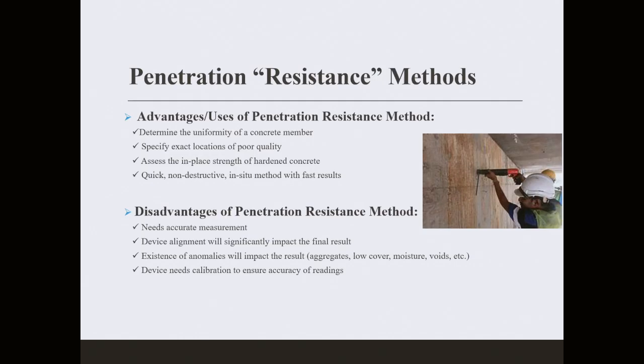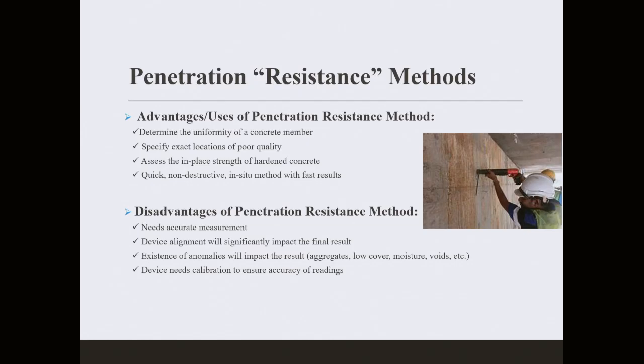As with anything, it has some disadvantages, whether talking about accurate measurement or very well-trained personnel, and basically you have to watch for anomalies. Whether we talk about regular rigid pavement like Portland cement concrete pavement or a concrete section, you might end up having some embedded reinforcement rebars or pre-stressed strands or a coarse aggregate particle that is very close to the surface.